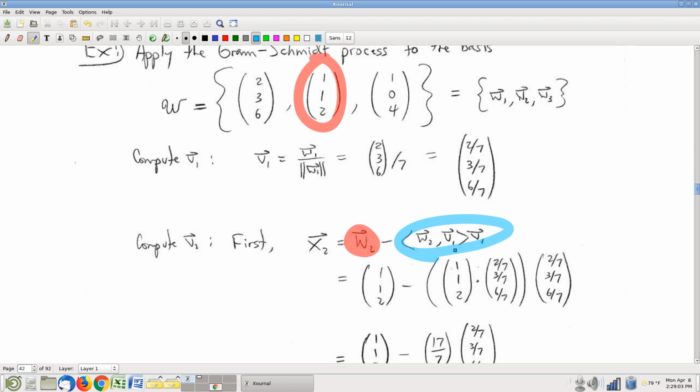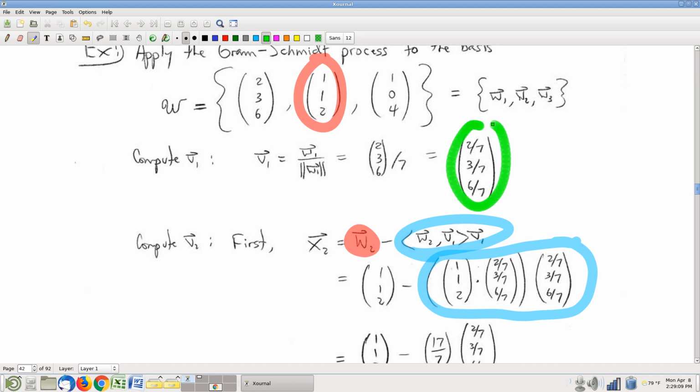There's that formula for the V1 part, and this is just details here. Don't forget that V1 vector we just computed. Dot, multiply, arithmetic, fractions. A bunch of details, but it's just arithmetic.